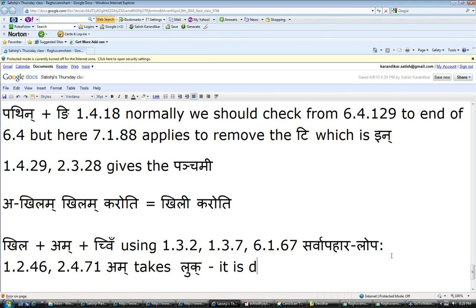Now we have the condition that we have to use Kru, Bhu or As with that. So this Chvi was only brought on that condition. Now, before we go there, there's one sutram which says Asya Chvau.